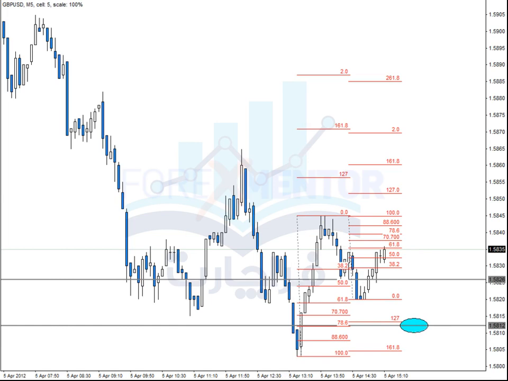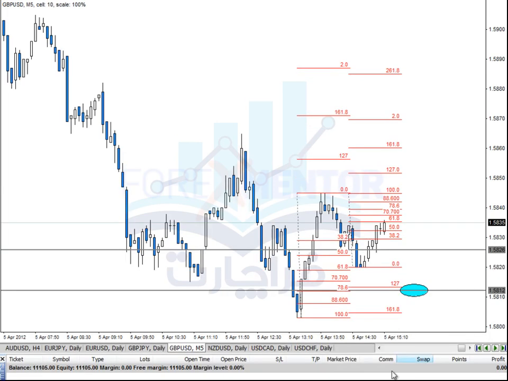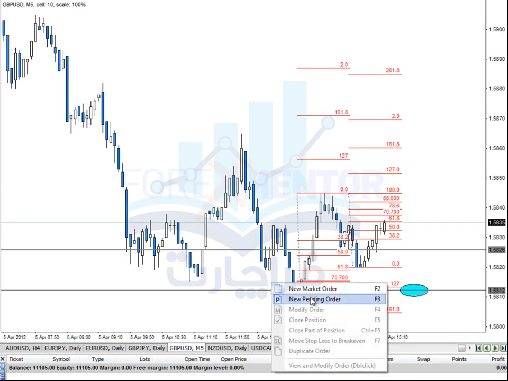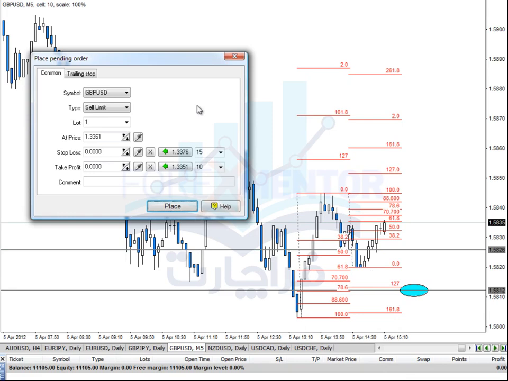So if we now go to our order platform and we go to pending order, go to buy limit, at, you see this 5.8, let's put 5.8. Remember, we need to add the spread. We've got a 3 pip spread on this platform.